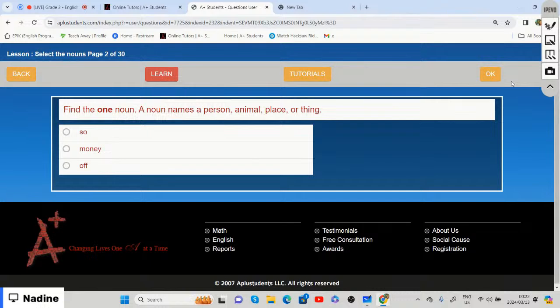Then we need to find the one noun that names a person, animal, place, or thing. So if we find the one noun, is it so, money, or off? We need to select the noun. And remember, a noun names a person, a place, an animal, or a thing.